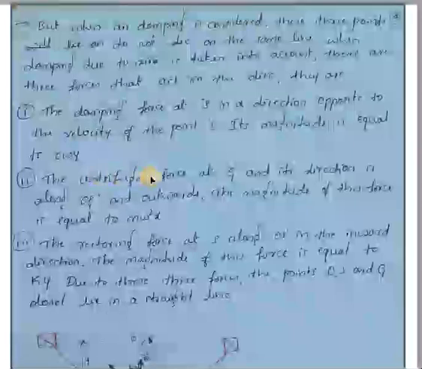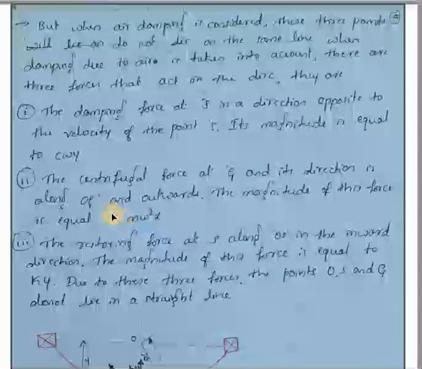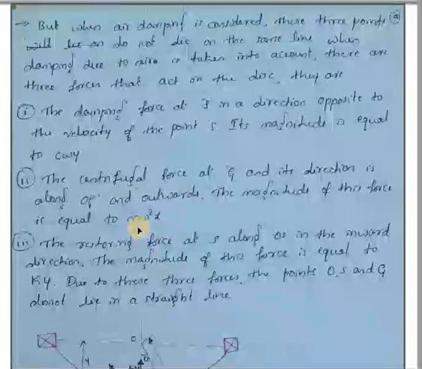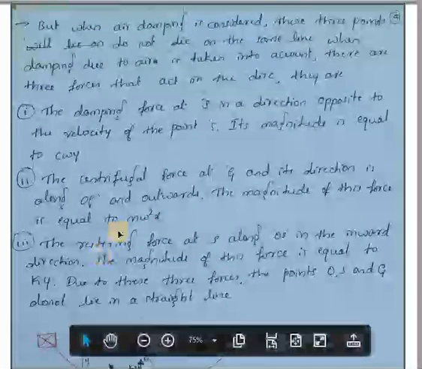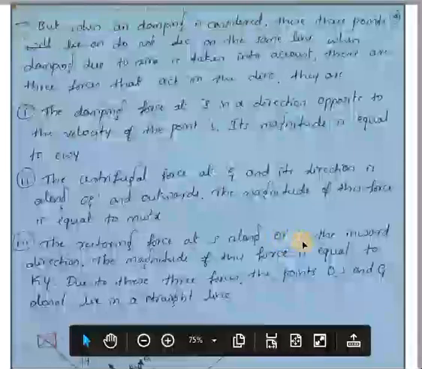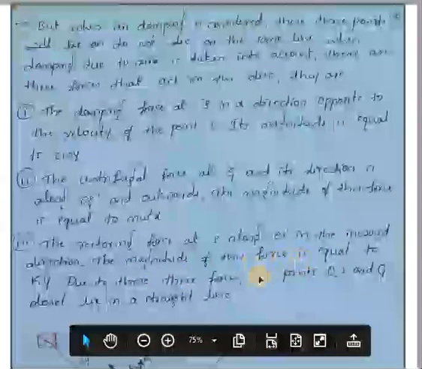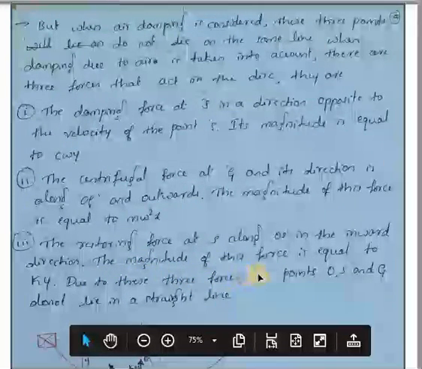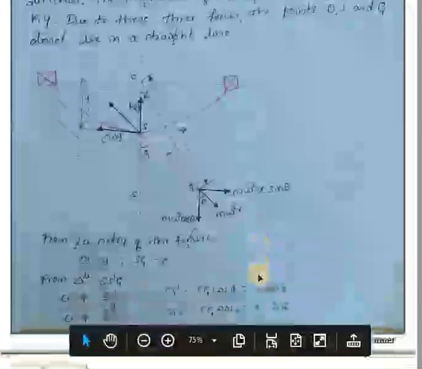Similarly, the centrifugal force at G, its direction is along OG and it is outward, and its magnitude will be m into omega square into x. Then the third one is the restoring force at S along OS in the inward direction. The magnitude of this force is equal to k into y. So due to these 3 forces, the points O, S and G do not lie on a straight line.